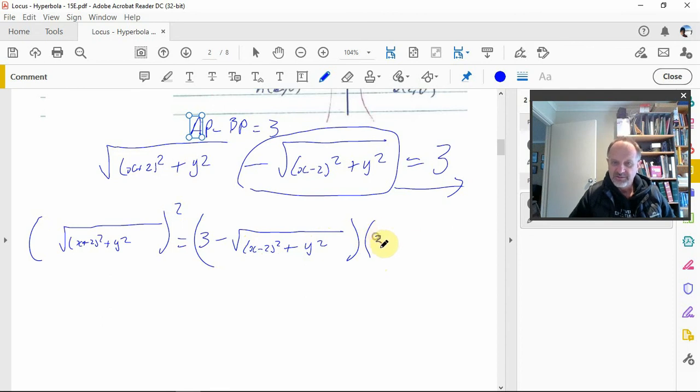Remember, squaring is multiplying by itself twice. On the left-hand side, that just removes the square root and the squared. They are opposites of each other, inverses, so they cancel. And here we've got 3 times 3 is 9, minus 3 times the square root, minus another 3 times the square root.